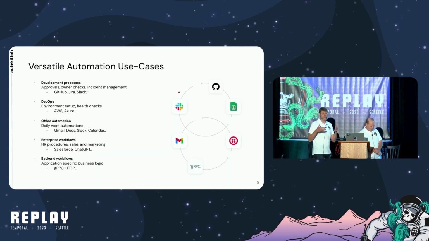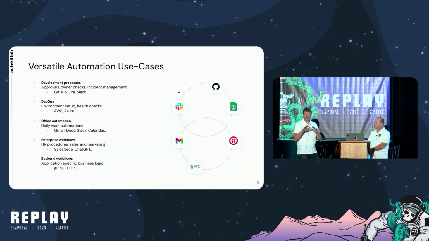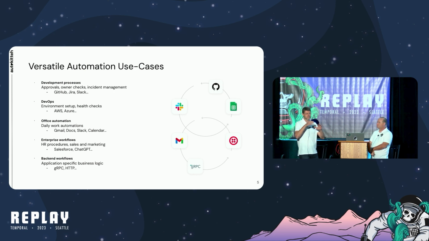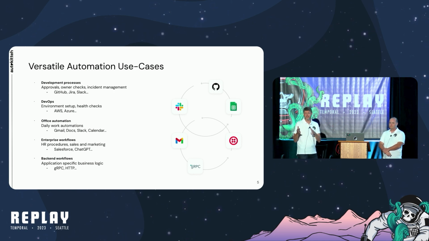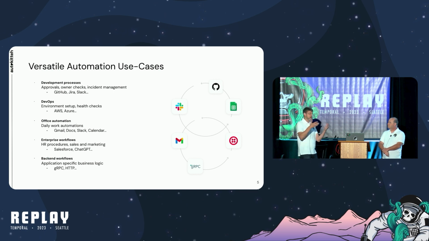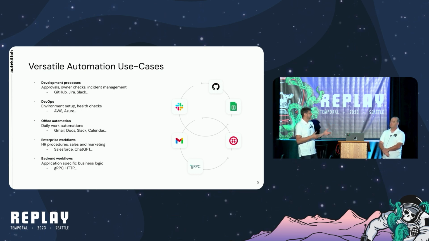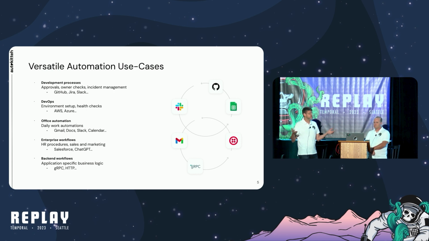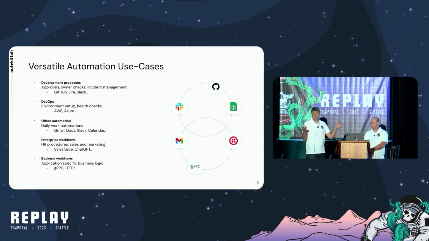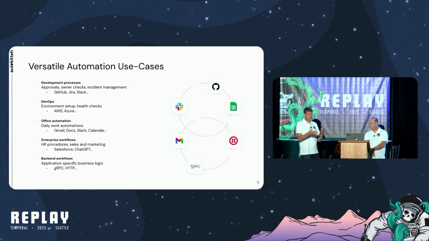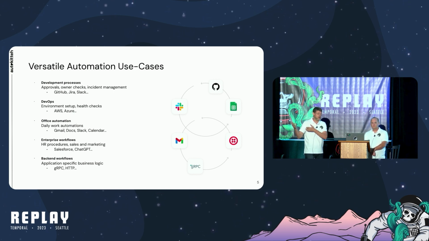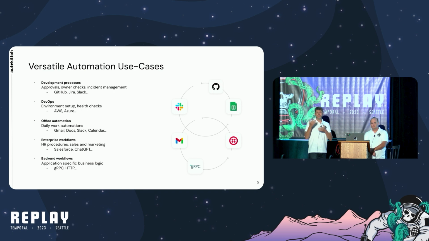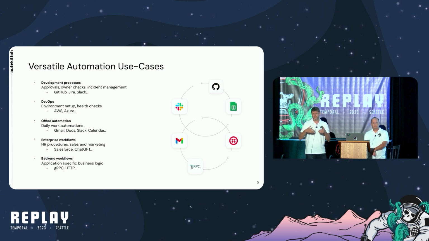Yeah, so automation, when we think about it, the terminology is a bit confusing: automation, orchestration, workflows. But what we're talking about is basically connecting various systems through APIs, like a distributed system. And this goes for all kinds of automations. It can be development processes, development management processes, like I mentioned, connecting GitHub and Jira and Slack and so on. Or it can be things related to DevOps, and we spoke with so many DevOps.